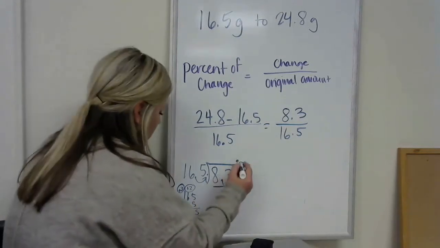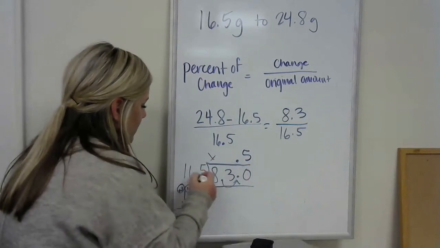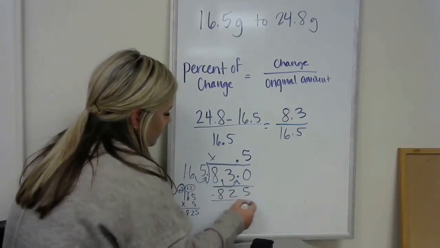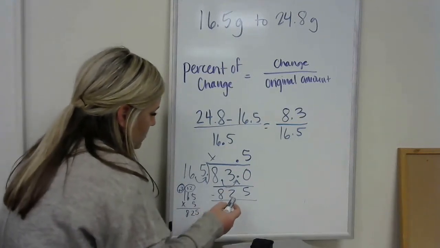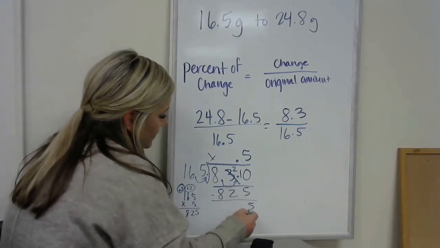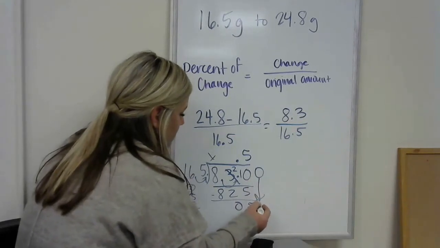Ooh, that's really close. All right. So 5 times 165 is 825. Okay. I borrow from the 3, it becomes a 2. That's a 5. 0. Okay. Now I'm going to put down a 0.